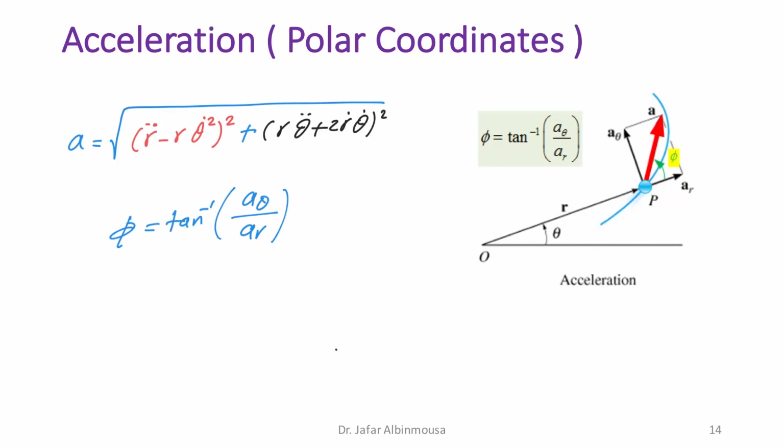But if we want to find the direction of the acceleration, it is theta plus phi. So it is not enough to measure phi alone; this is measured from the x-axis, which is this angle plus this one. Here we reach the end of part 1 of section 12.8.